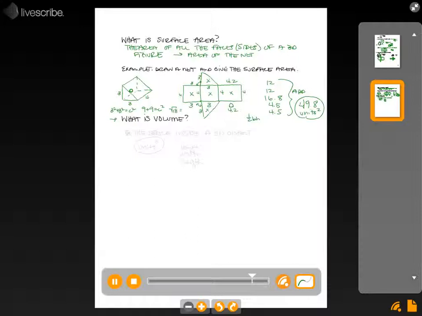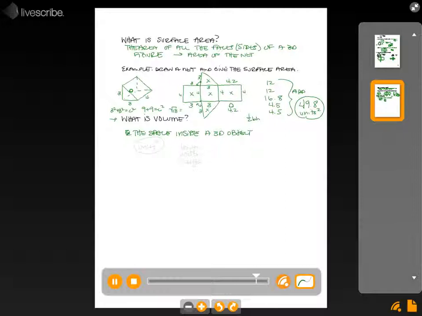Now, the next question we've got here is, what is volume? Volume is the space inside a 3D object. Okay? So if I were going to fill it with something, fill it with water, or fill it with sand, fill a 3D figure with either of those, I want to know how much stuff is going to fill it.